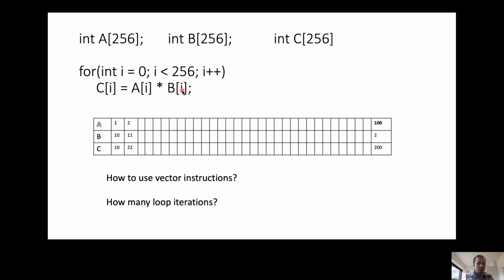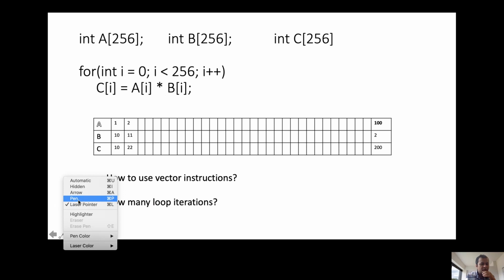So here you have to use a vector operation, a vector instruction for multiply. Now, how many loop iterations do you need to use? That depends on how wide the register is and what intrinsic function you are using, because you have SSE, SSE2, AVX.